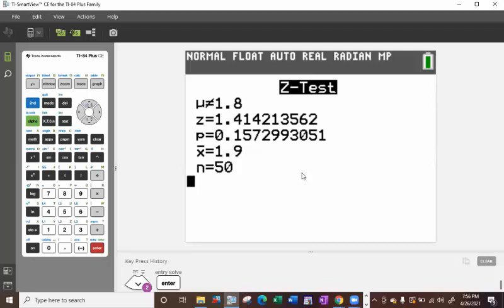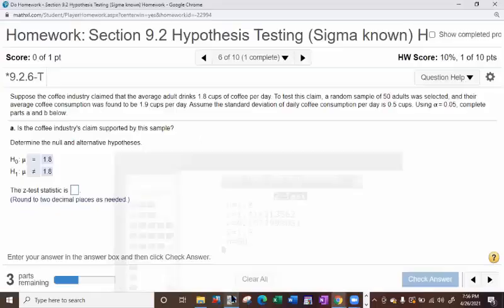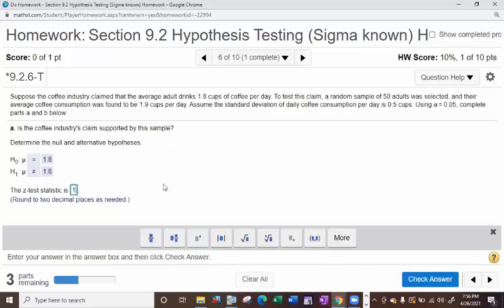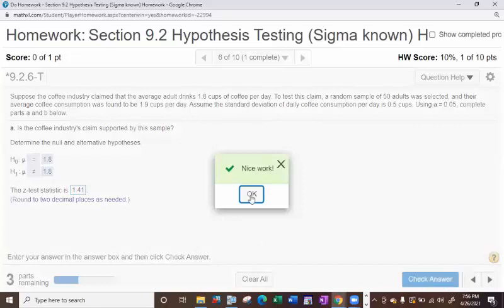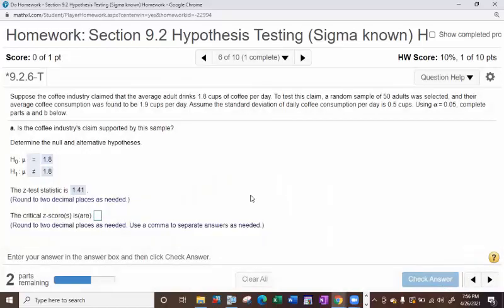All right, well, test statistic, 1.414. So let's see how many decimals it wants here. 2. I'm going to go with 1.41. Got it.